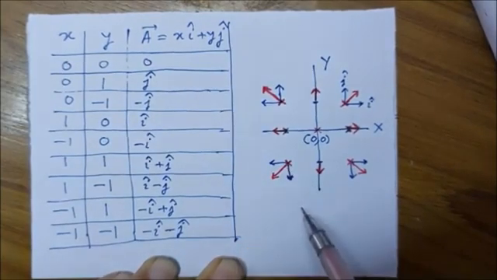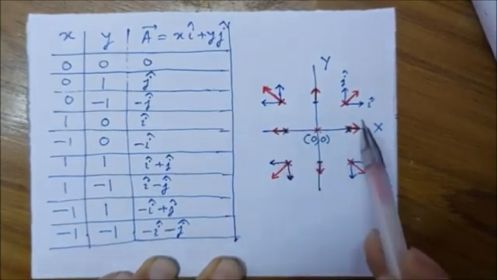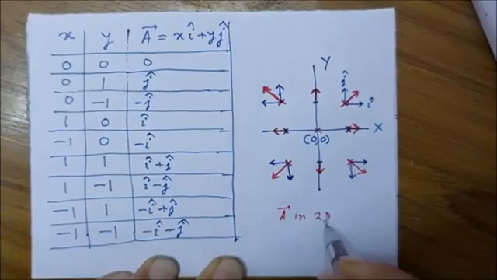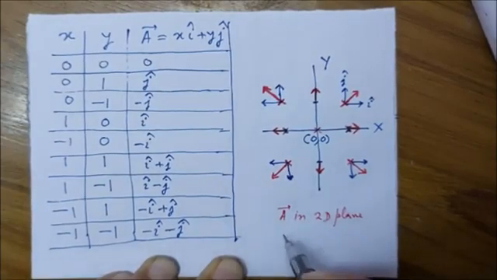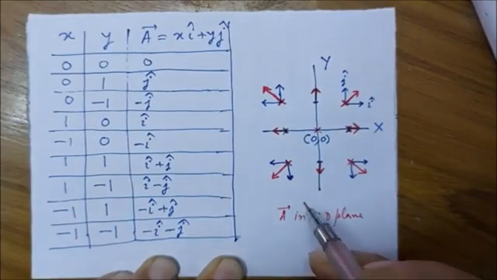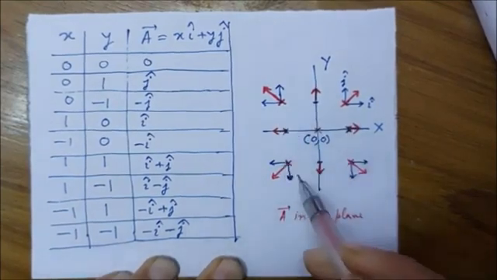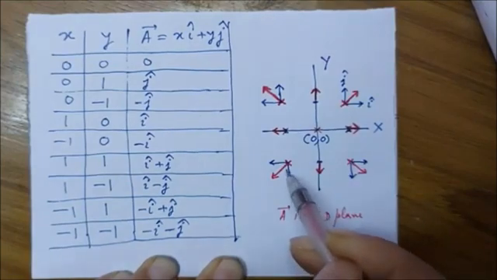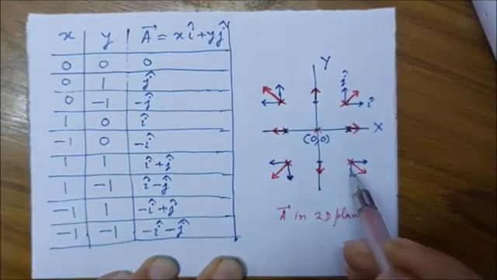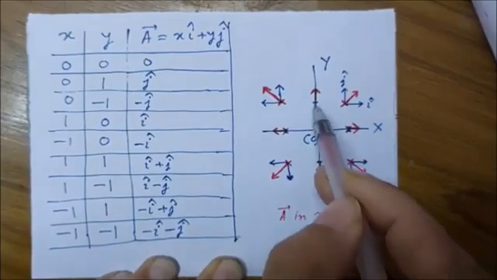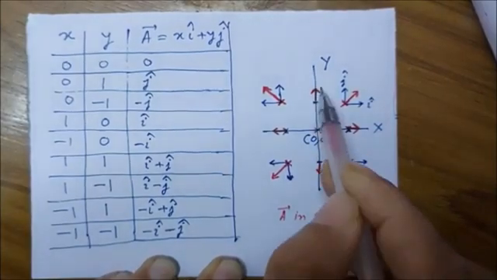Now what information do we get from this plot of vector A in the 2D plane? We see that at all these points vector A diverges, and the common point of divergence is the origin. At this point the vector is directed away from the origin.